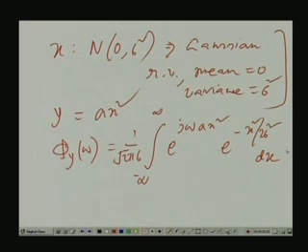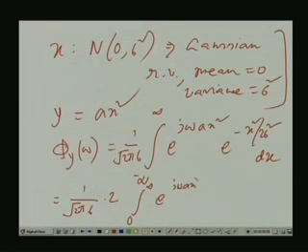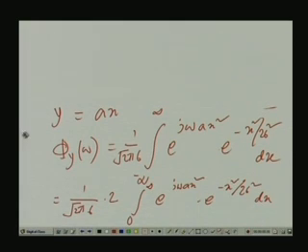Since we have only x square here, we can take the integral from 0 to infinity and multiply it by 2. So, in that case this integral becomes times 2, okay. All right.